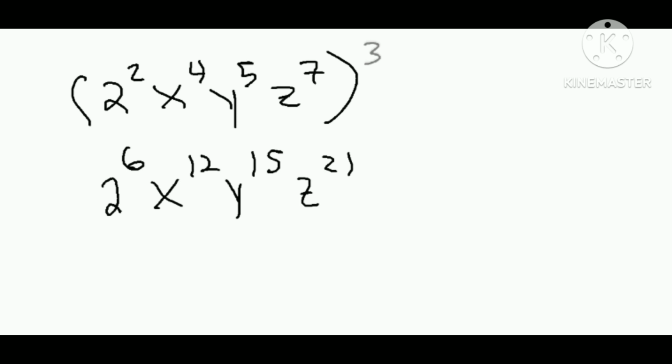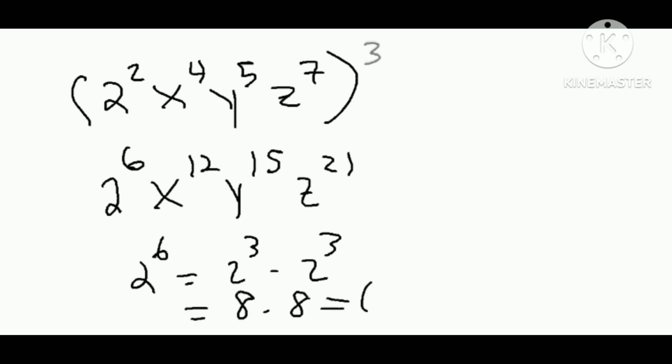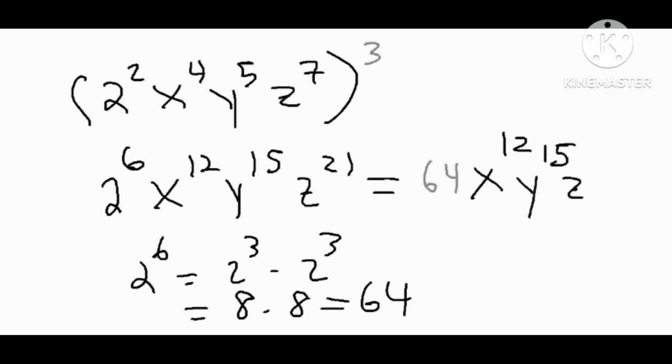Now what's 2 to the 6? 2 to the 6, you can break that down into 2 to the third times 2 to the third, because 3 plus 3 is 6. 2 to the third, you're multiplying three 2's together. It's 2 times 2 times 2, which is 8. So this is 8 times 8, which is 64. So 2 to the 6th power is 64. So the final answer is 64, x to the 12th power, y to the 15th power, and z raised to the 21st power.